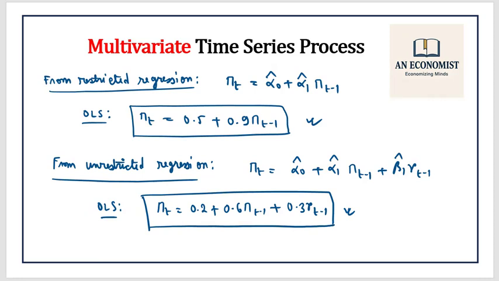And once you fit this, you not only get the fitted model, you also get the residual sum of square. The residual sum of square for the restricted model will come out to be 0.45. You can check this, and residual sum of square for the unrestricted model will come out to be 0.26.